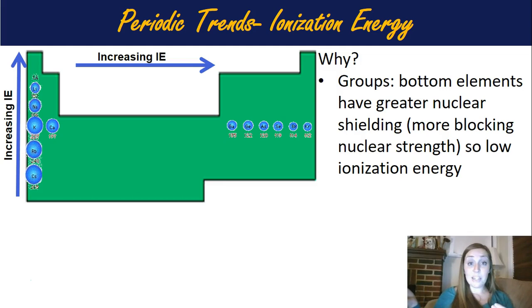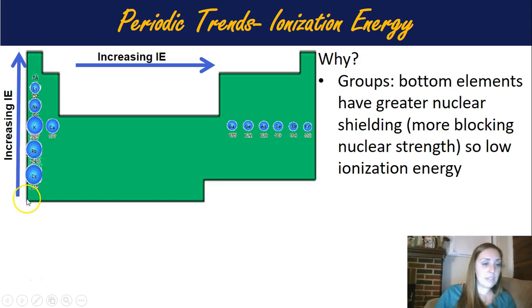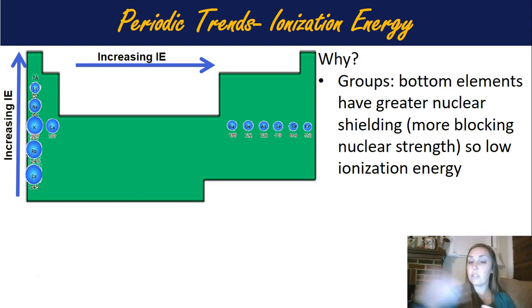So it doesn't take much to remove an electron, because those outer electrons are so far from the nucleus that another atom could just take one away, and those big atoms don't really notice an electron's even gone. So it's low ionization energy at the bottom because the outer electrons aren't held very tightly. High ionization energy at the top because the outer electrons are held closer than in the larger atoms.